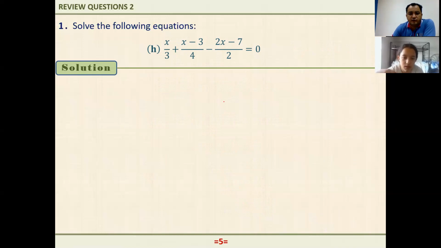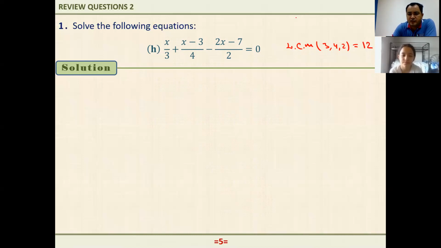Yes, Shahina, what should we do here? How can we solve this equation? You have to find the common denominator first. Here we have to list common multiples of 3, 4, 2. What is it? Not 8, 12. That is 12, right? 12 is the least common multiple.